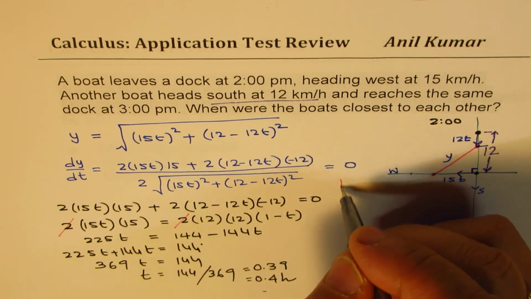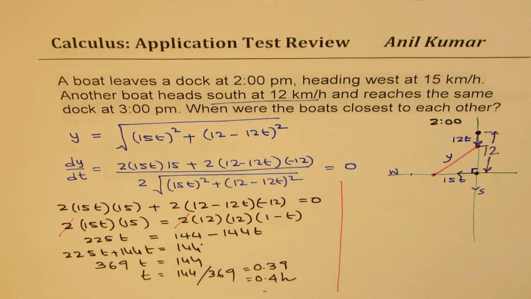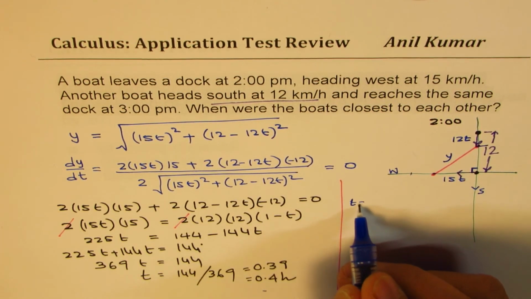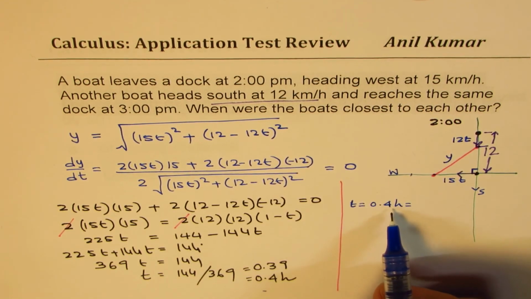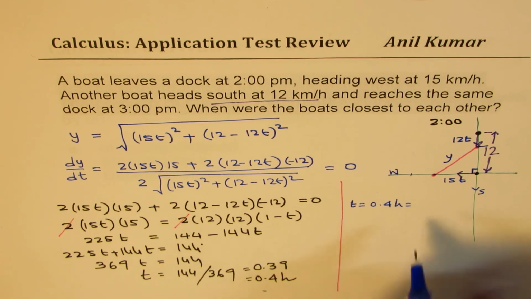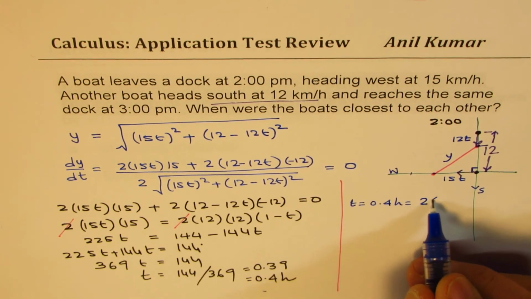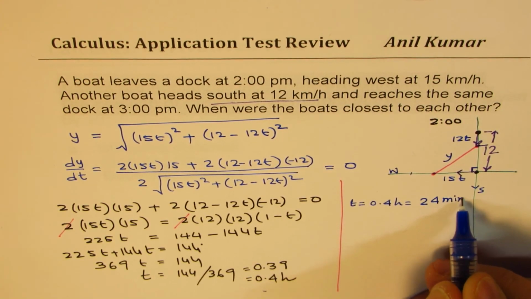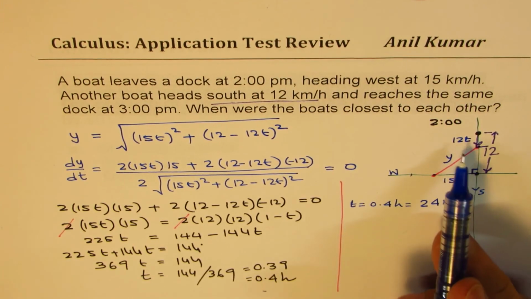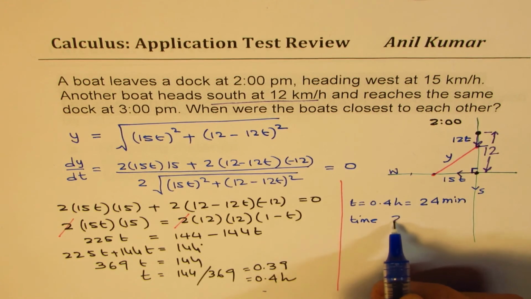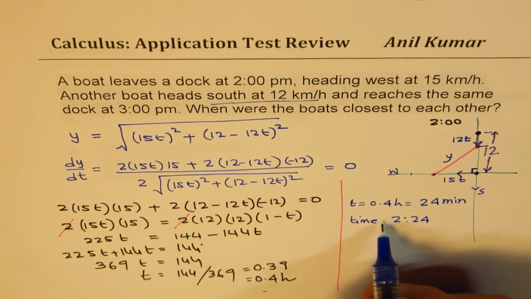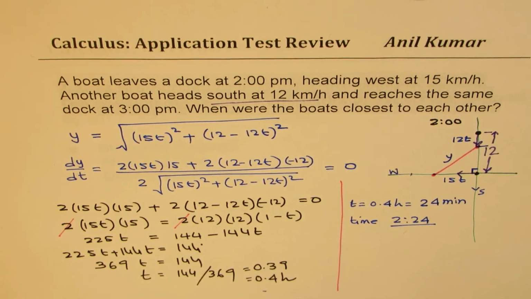So we get our time t as 0.4 hours, or just multiply by 60, so 0.4 times 60 is 24 minutes. So after 24 minutes they will be closest. So at that time it will be 2:24. Is it okay? So at 2:24 they should be closest. So that is how you could do it.